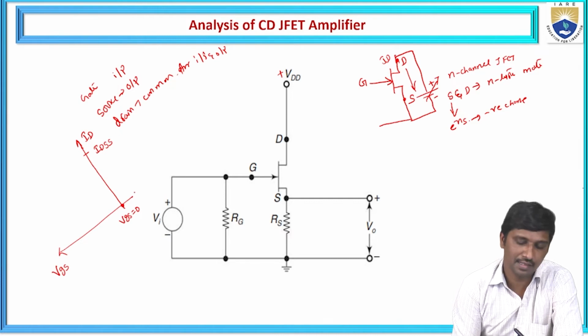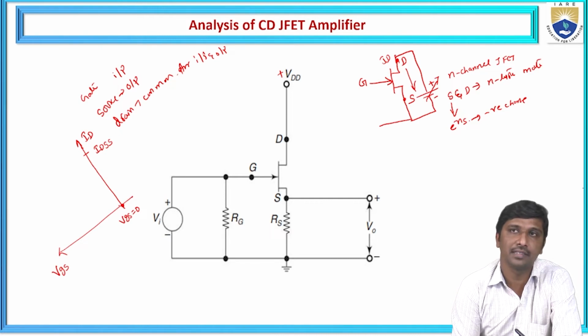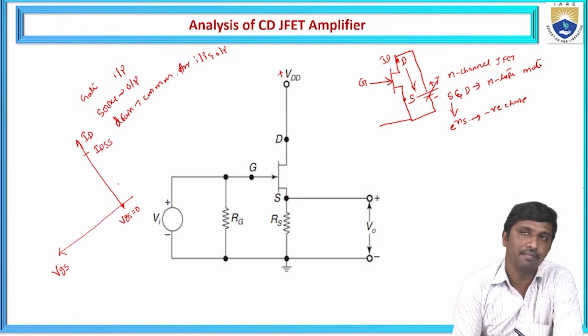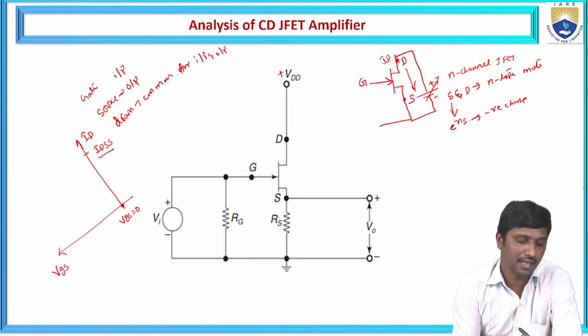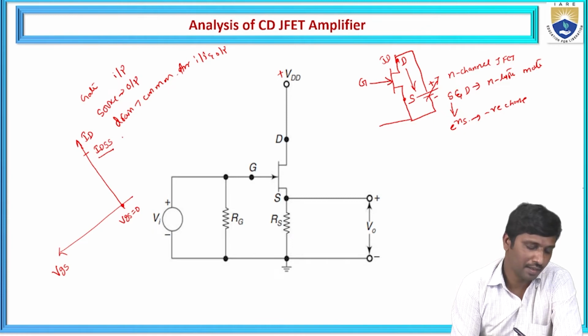When VGS is zero, it does not apply any force between the channel ends. It allows the maximum drain current, and that maximum drain current is represented as the drain to source saturation current.